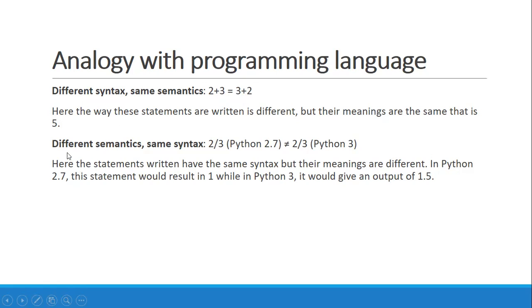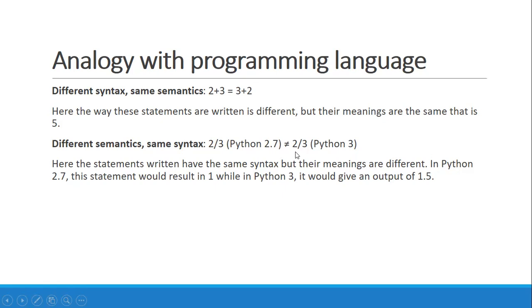Let us come to the next scenario, different semantics and same syntax. Let us see in Python 2.7 version, when we write 2 by 3, the output is not similar to the output that we get in the Python 3 version.